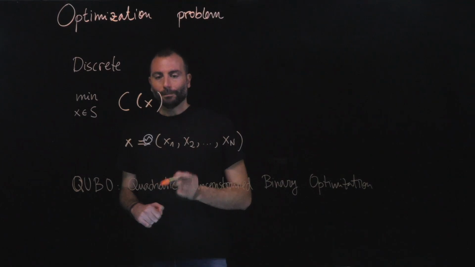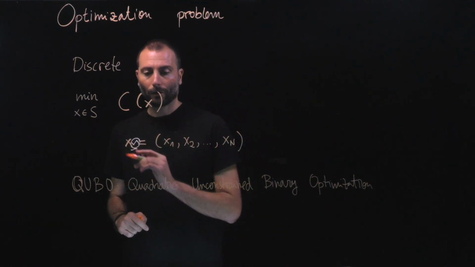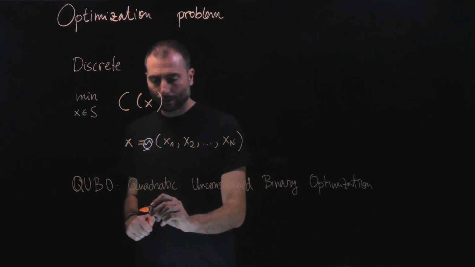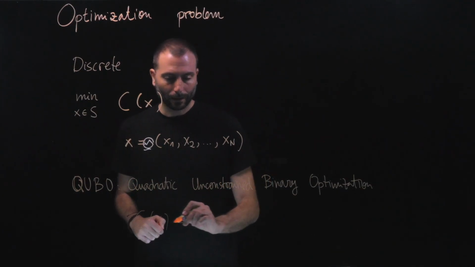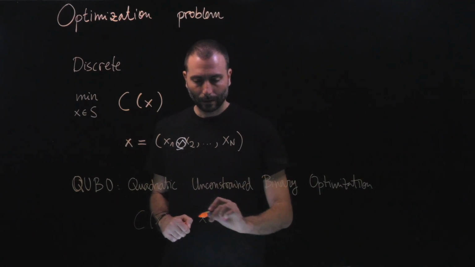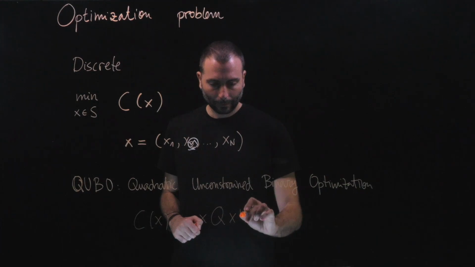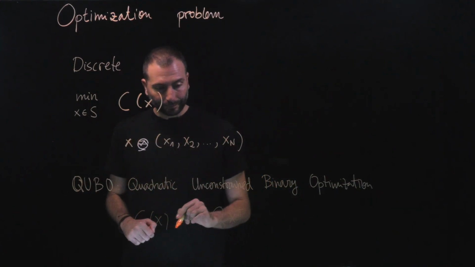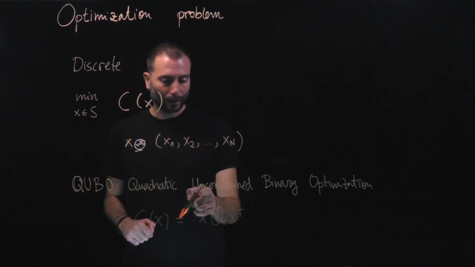So a QUBO problem is a specific shape of this cost function, in which the cost function can be written as follows, with some matrix Q. Here, this is a convention of what we call a column vector or a row vector.